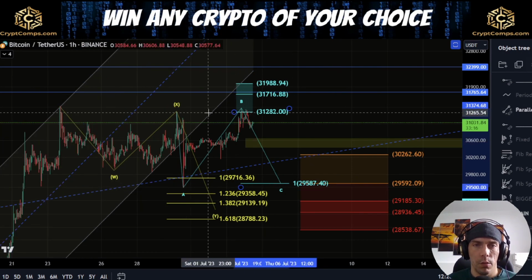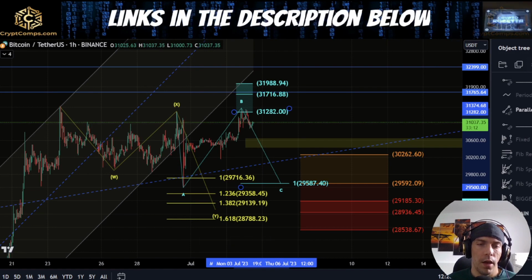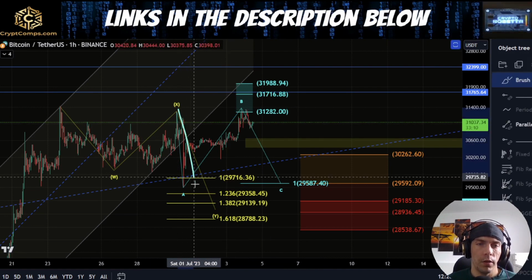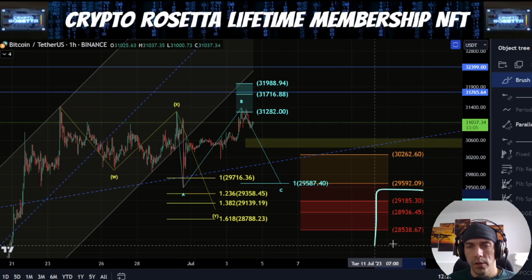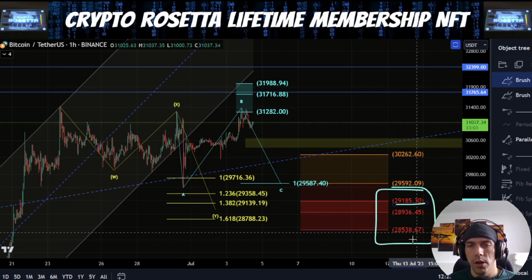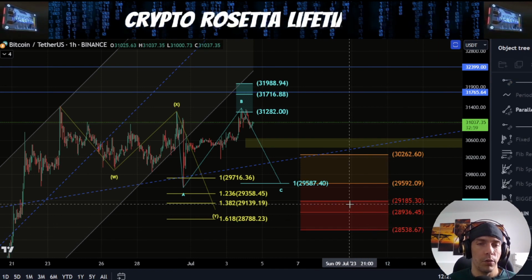The thing is, we have just slightly broken this as a wave origin. So if we are looking at this as A, B, and C as a flat, potentially we could see this even extend out towards this lower range of this 29,185 to this 28,538 as possible target areas.